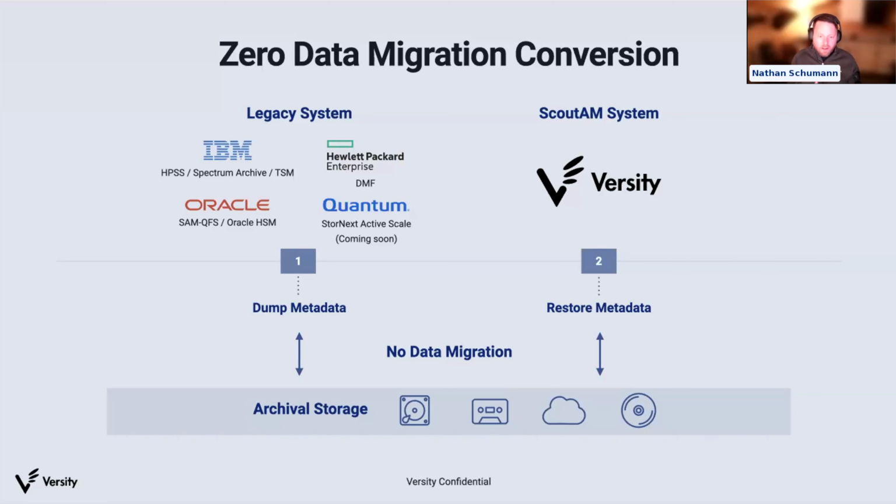So if you're thinking, I've got several hundred million files, I've got 50,000 tapes, I've got 100 petabytes of data, how the heck do I get to ScoutAM? Well, the answer is the in-place conversion, again, bringing that namespace over to ScoutAM and then having ScoutAM just deal with it. So I think this is a really important thing to think about when thinking about a new archiving platform that you want to bring in.